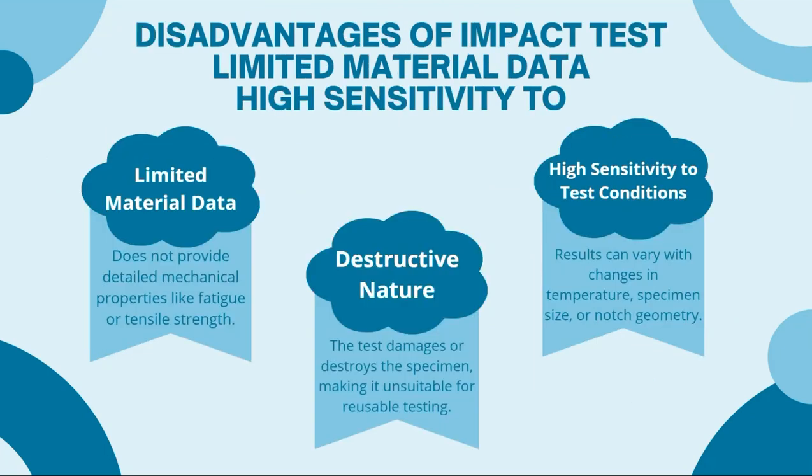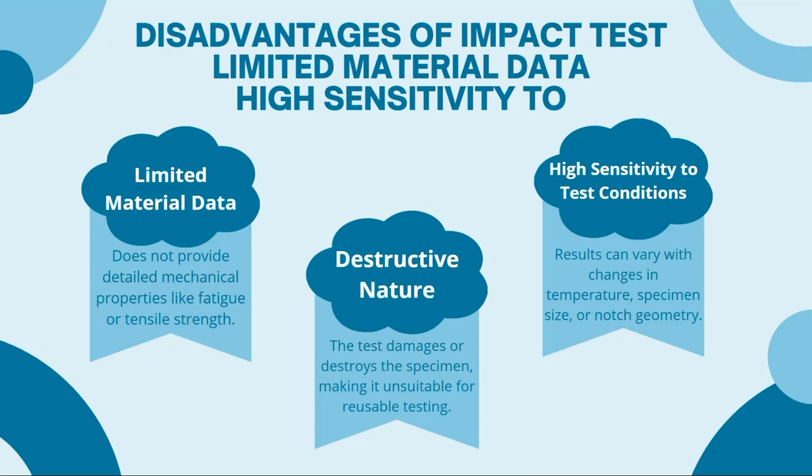And the disadvantages of impact test: limited material data, destructive nature, and high sensitivity. Limited material data means it does not provide detailed mechanical properties like fatigue or tensile strength. The second one is the destructive nature.